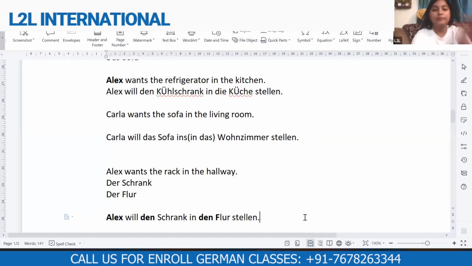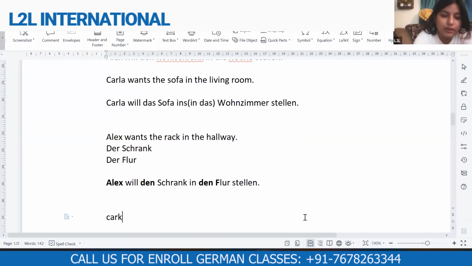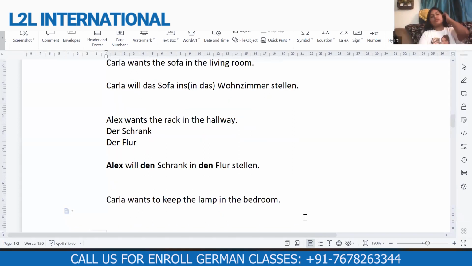Last one is for Sana. Kalra wants to keep the lamp in the bedroom. Lampa is the lamper.